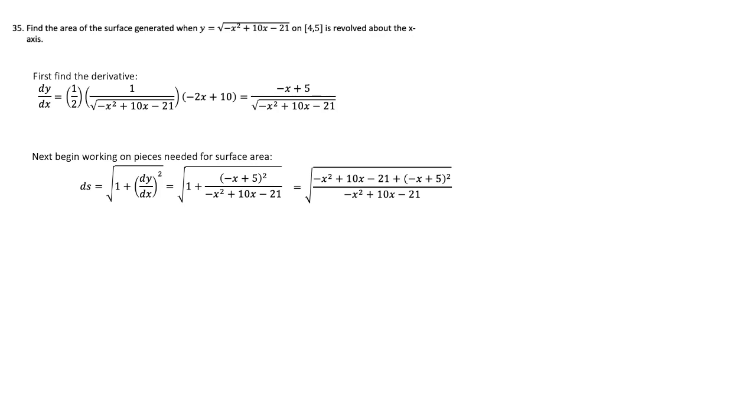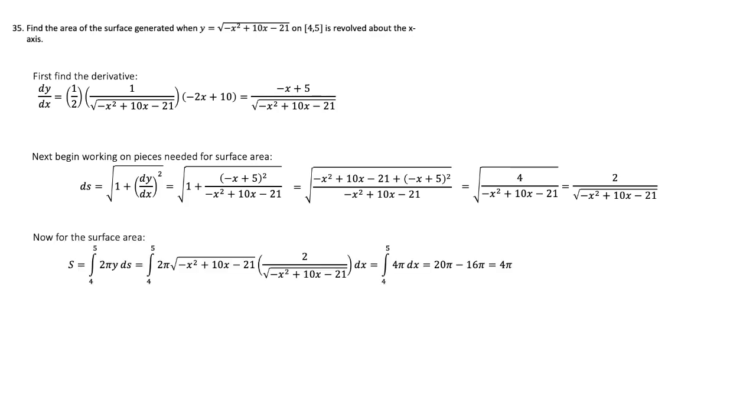And when we do this, our next phase of the calculation would look like this. Now expand out the negative x plus 5 squared and combine like terms. We end up with the square root of 4 divided by negative x squared plus 10x minus 21. Simplified, that would be 2 over the square root of negative x squared plus 10x minus 21.